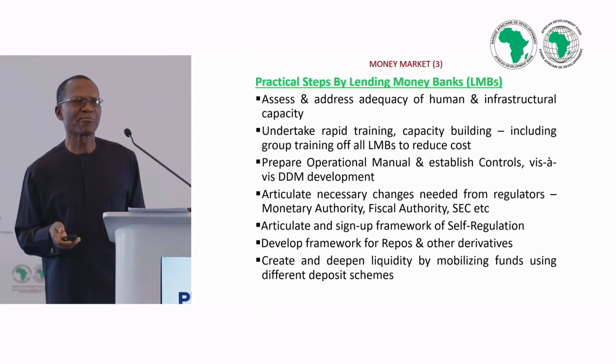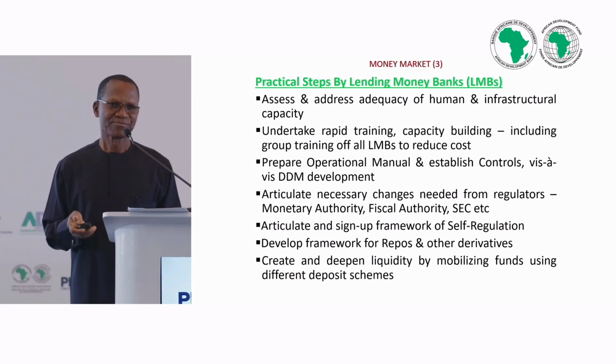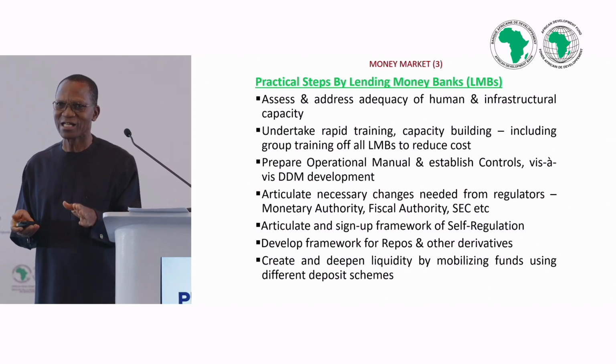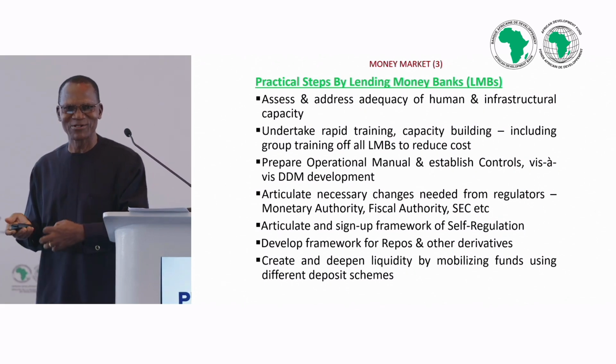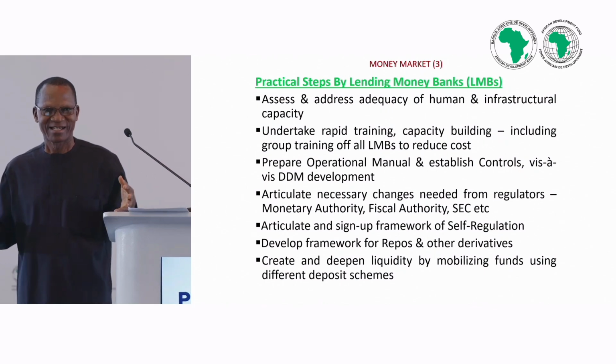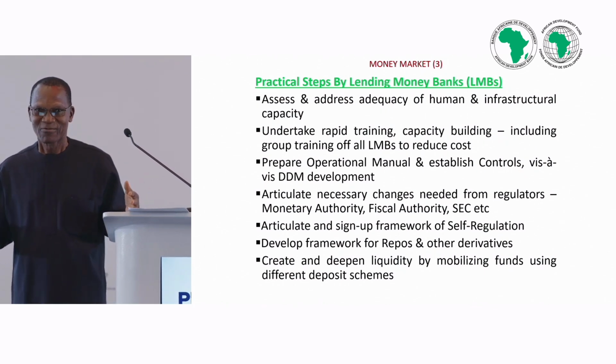Again, a very important step the lending money banks have to take is in connection with mobilizing deposits. Even though they are usually in the business of taking deposits and lending money, now they're going to another market. It's like expanding your factory. When you're expanding your factory, you need more capital, whether long-term capital or working capital.